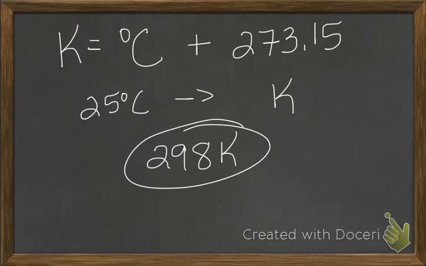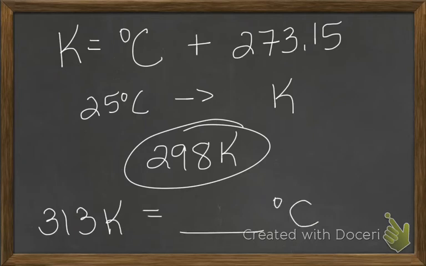What if I have the Kelvin temperature? It's 313 Kelvin, and I want to convert that to Celsius. Well, I would simply take the 313 and subtract the 273.15, and I would see that on the Celsius scale, that is 399 degrees Celsius.